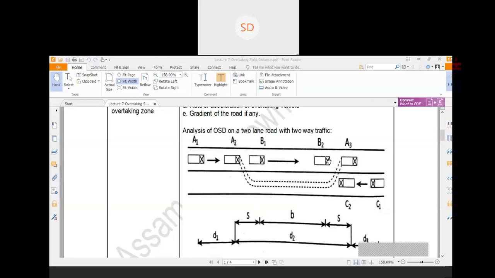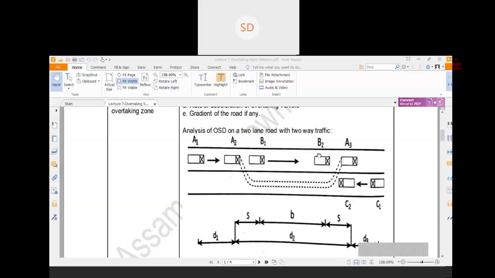Now after that you will look in the adjoining lane and in front of you for any other vehicle coming from the opposite direction.